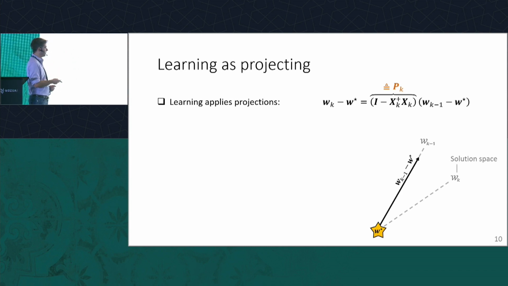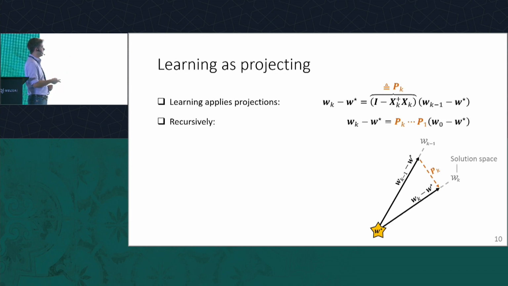So we have some solution space where we're at, which is the difference from our solution to the optimal teacher, and each time we get to a new task, we simply project using this matrix and get this new solution. If we do multiple tasks, we just take a product of these projections.